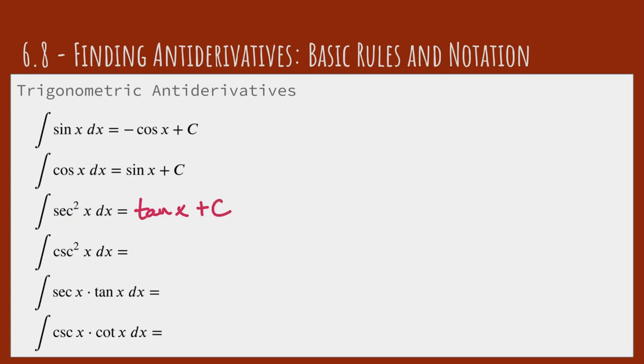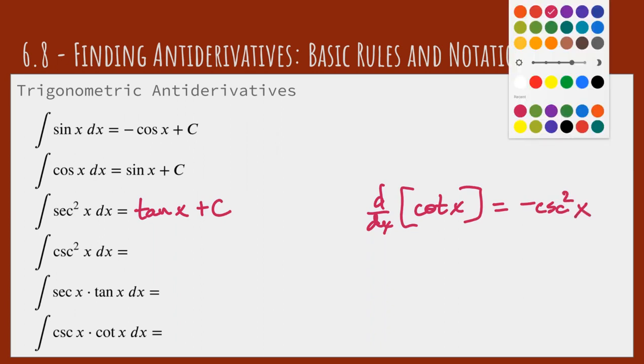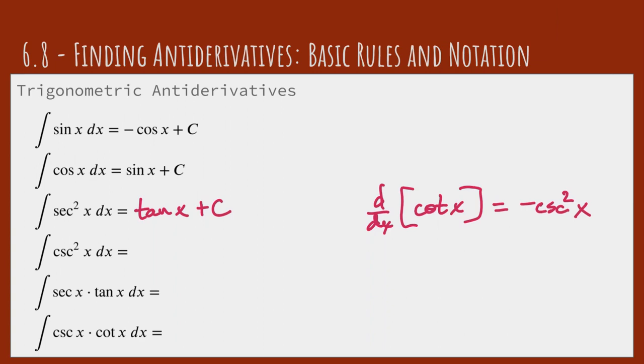Now, cosecant squared, remember the derivative of cotangent is negative cosecant squared of x. So if I want to apply that here, then the derivative of the opposite of cotangent is going to be the opposite of negative cosecant squared, or just cosecant squared. So this is going to be the opposite of cotangent of x.